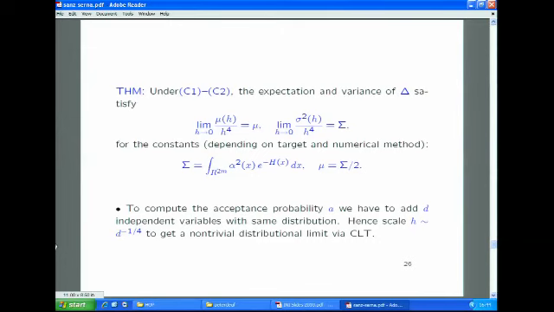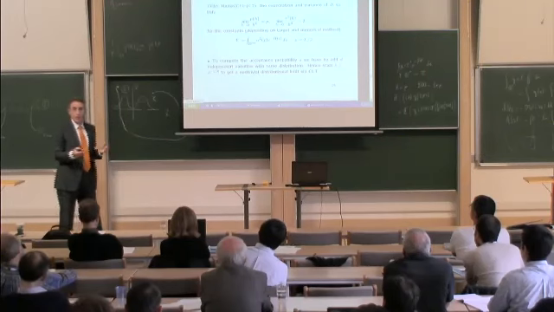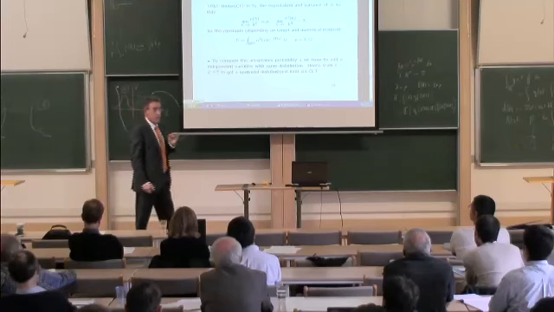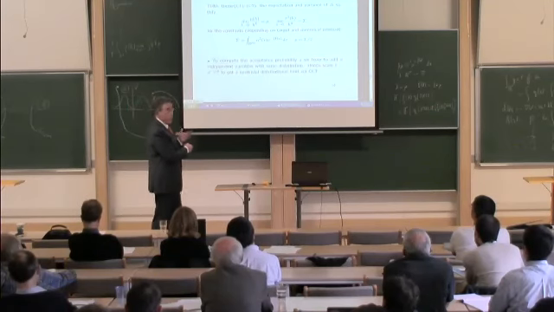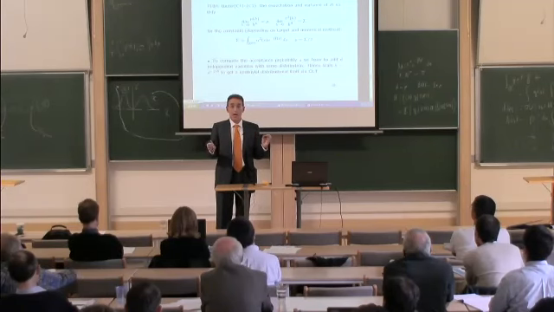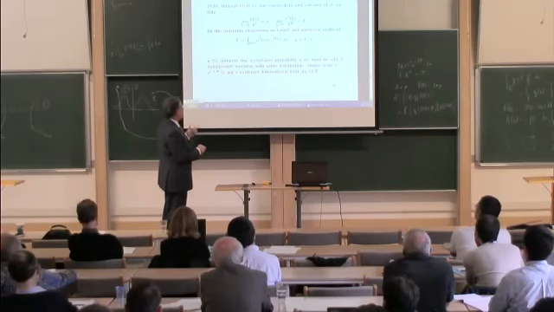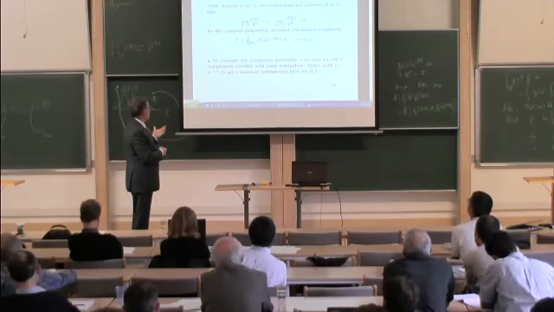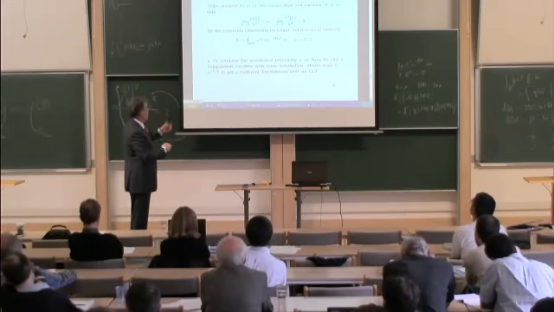Now for the acceptance probability, I have to put together all d particles. And because in a single particle, on average, I gain h to the fourth, to get another one increase in energy, the reasonable thing to do is to take h proportional to d to the minus a fourth, because then combining d particles, each gains h to the fourth, but then this will be 1 over h, and everything will come to be of order 1.